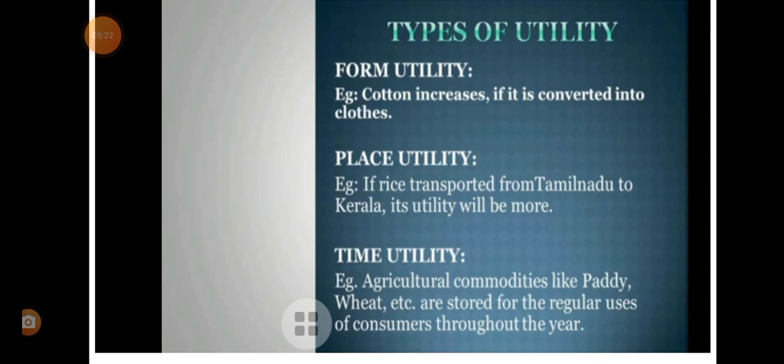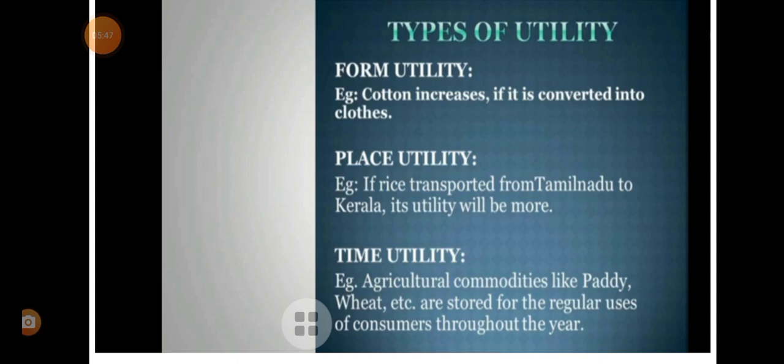What happens if you change the place? If you transport rice from Tamil Nadu to Kerala, its utility value becomes very high. The first one we saw, when you change the form, the utility becomes high. Second, when you change the place of the product, its utility becomes more.